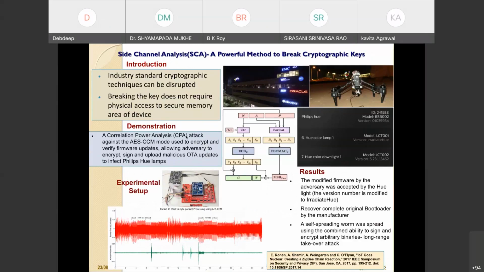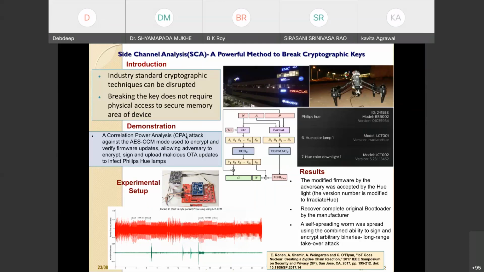So this work was essentially trying to demonstrate the vulnerability of some of these IoT systems, the light automation systems commercialized by Philips.